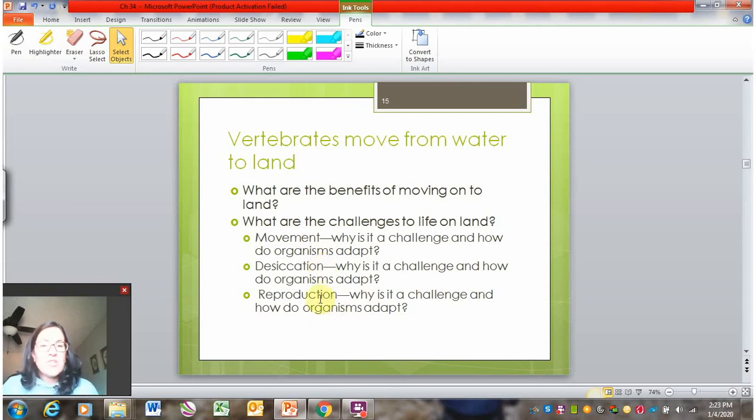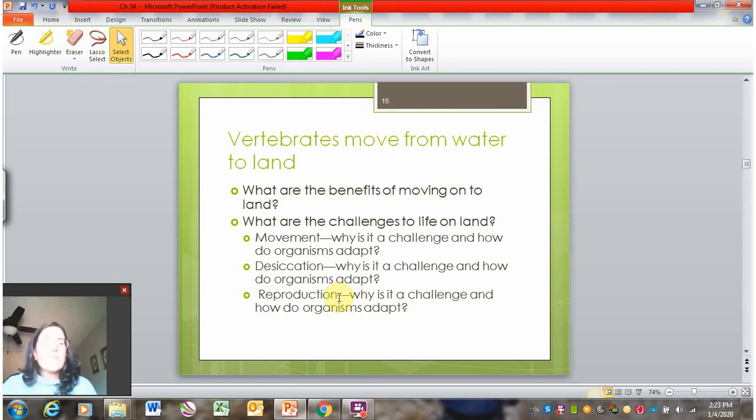And then reproduction, again, unique challenges arise on land. In water, you can assume that if you just let your sperm go, they'll float around and eventually find an egg. Not going to work on land, right? In water, organisms can just leave their eggs in the water and assume their eggs won't dry out. Again, that's not going to work on land, right? The genital tract, the parts, they're going to be drying out.